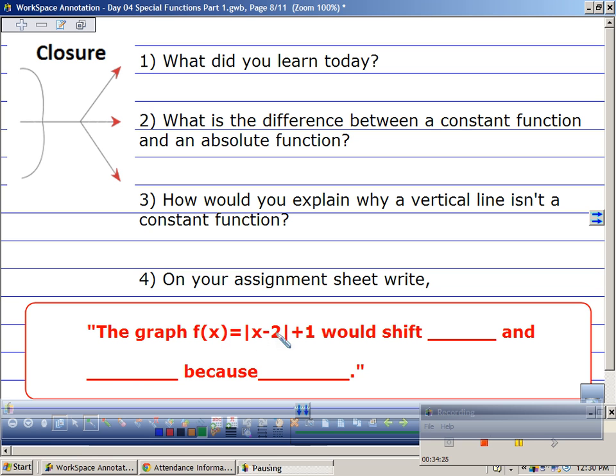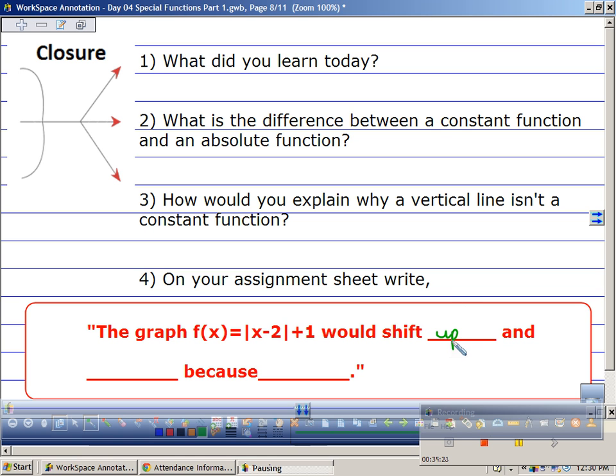The graph f of x equals x minus 2 plus 1 would shift what? Right, 2. You want to start with the outside first?